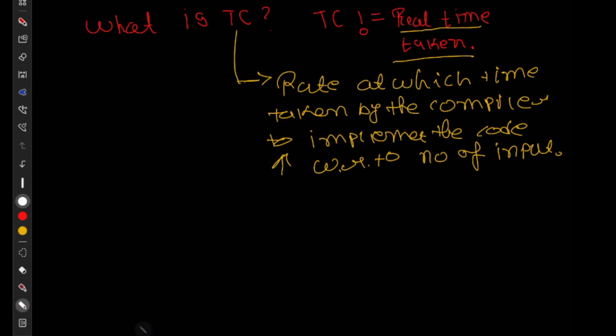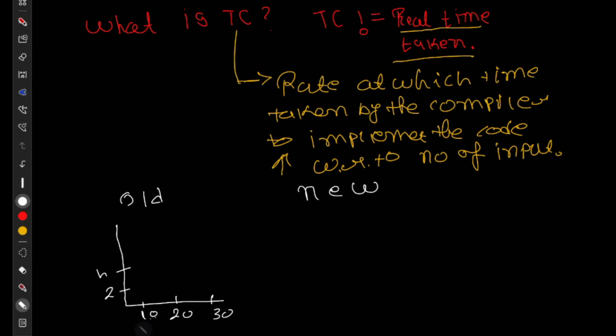What does it mean? Let's take an example. We have two systems, system one is the old system and system two is the new one. Here is the plot of the graph of time taken by the compiler versus the number of inputs. In the old system, we give 10, 20 and 30 as the number of inputs, and the time taken is, let's say, 2, 4, 6, 8.